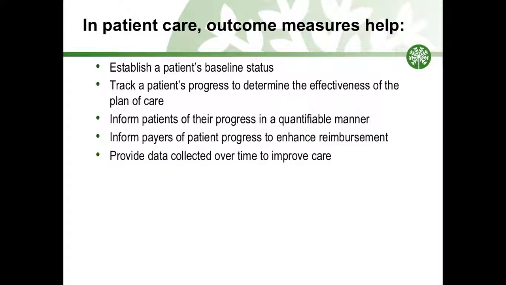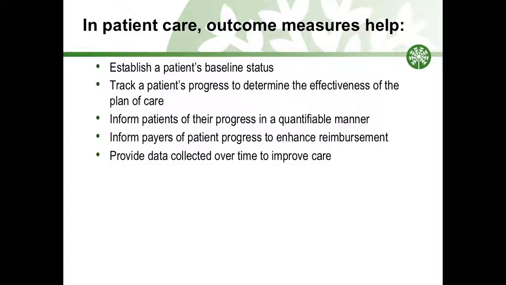It needs to be very specific. If we said initially the patient could not button his shirt, but now he's able to button large buttons using both hands, that can demonstrate progress. So it can help to show that the interventions are effective based upon the plan of care that's established for each patient.